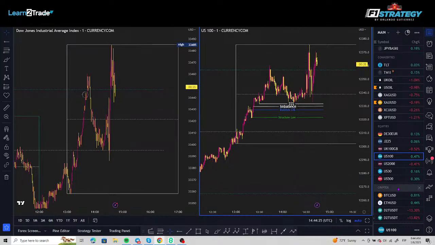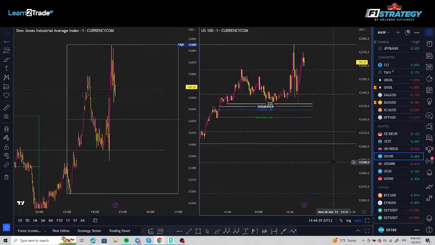This Nasdaq long is looking very good. We need to be patient to see if we get filled on this one or not.